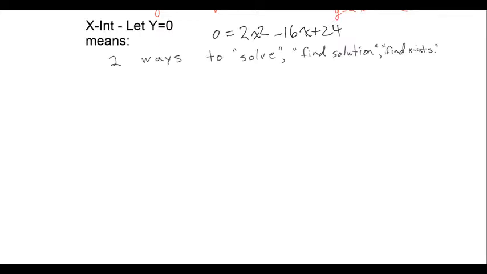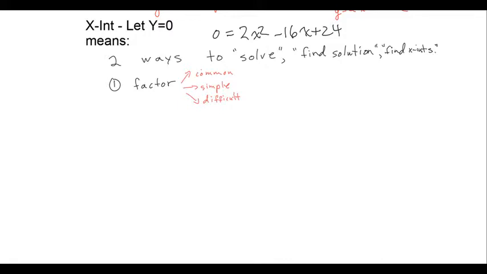So let's summarize how we're going to do this. In essence, we have two ways to find the x-intercepts. One way would be to factor, and there are three types of factoring that we studied: common, simple, and difficult factoring.